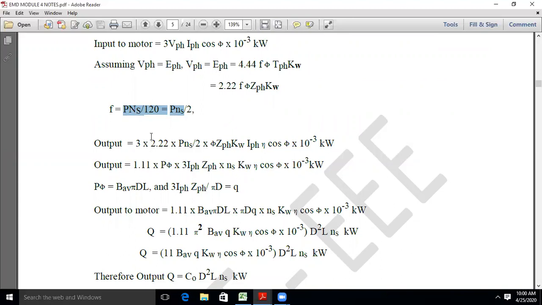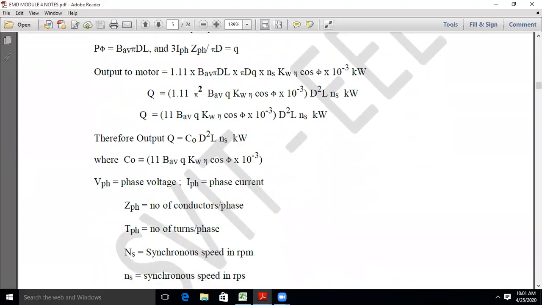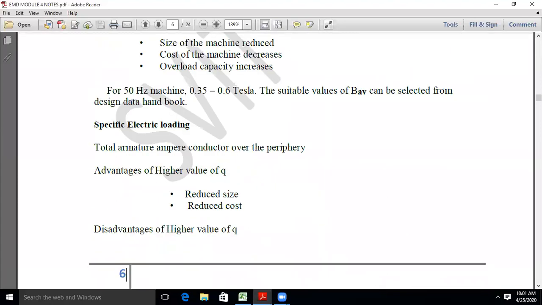Just by putting this value here, we can get the output. After that, this is the overall output equation of an induction motor. In this way we have derived the output equation of an induction motor.